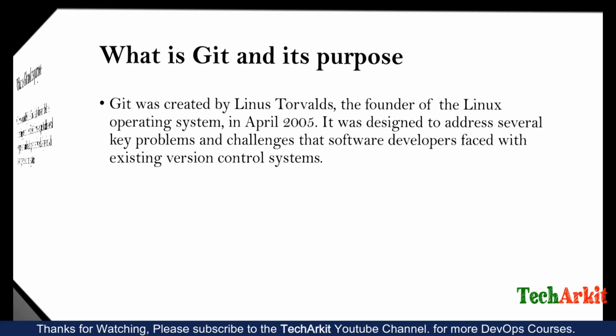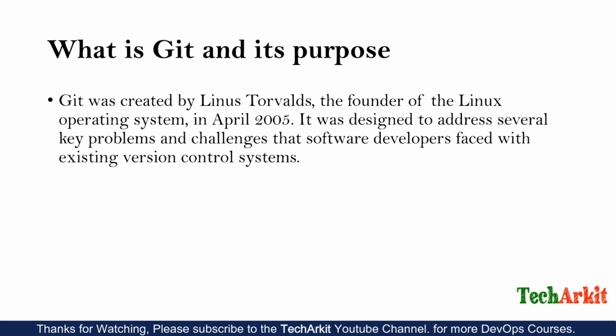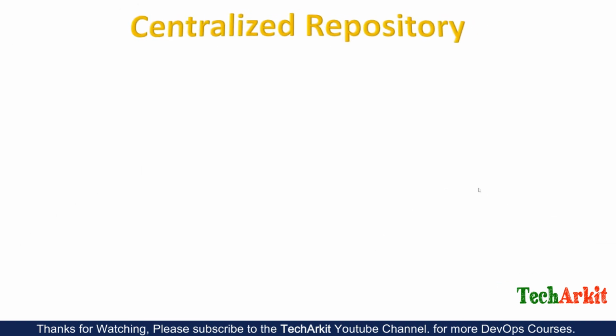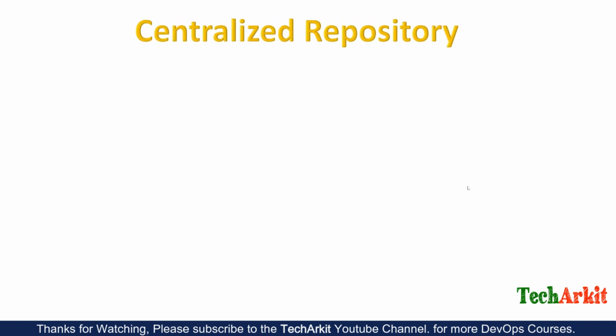So that's Git. Now, what are the problems with the previous versions of code management before Git, and how does Git try to solve those issues? Let's see. Before Git, the collaboration tools were based on centralized repository models.